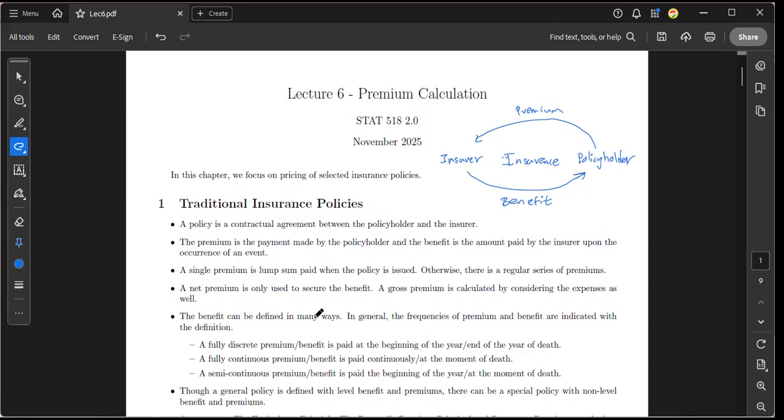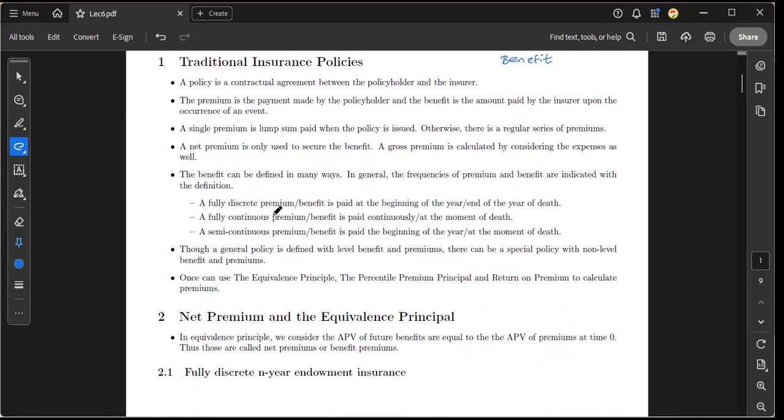And the benefit can be defined in many ways, as I mentioned. For life insurance, the event is always death, so the benefit can be paid at the moment of death, or at the end of the period in which the death occurs. If the period is annual, then the benefit is always paid on December 31st.